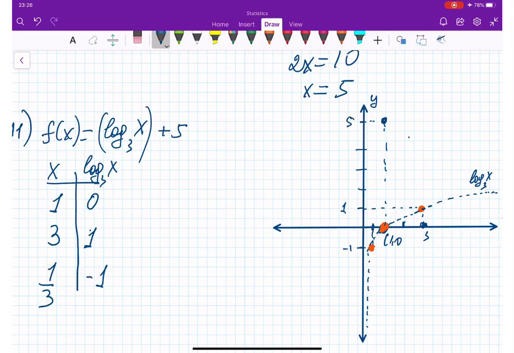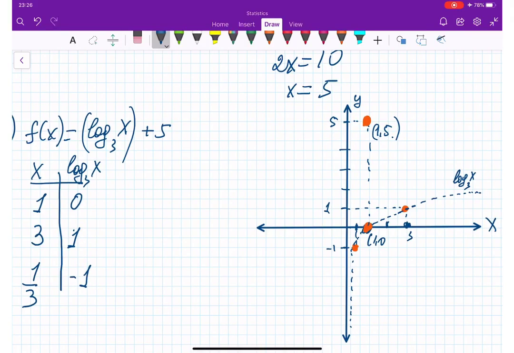So it's going to be 1 and 5, this point. Okay? 1 and 5. And this is going to be our new axis.